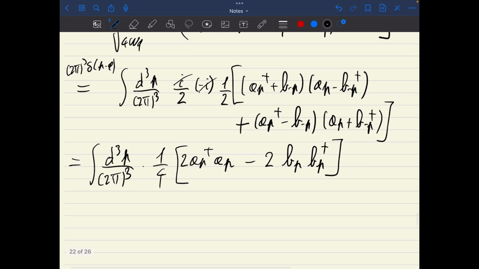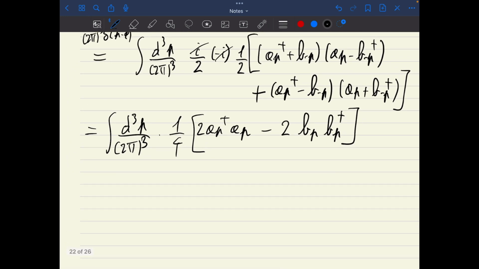We now have this expression, and as before, so 1/2.